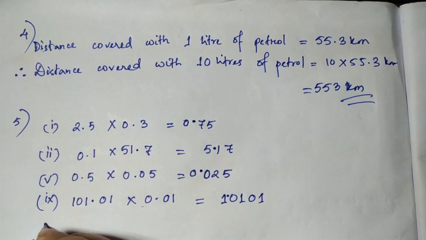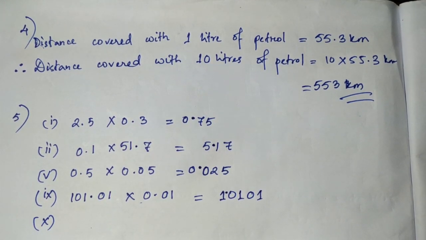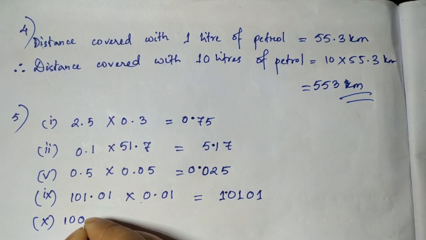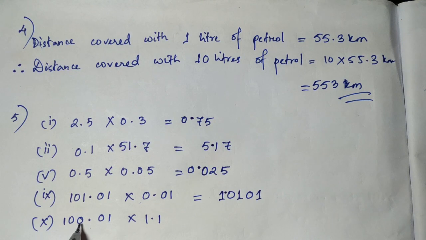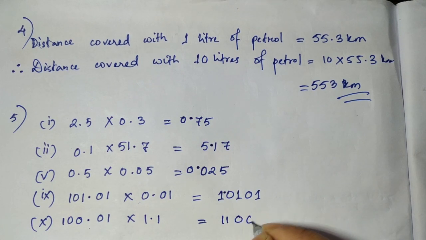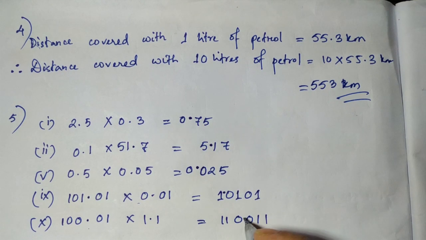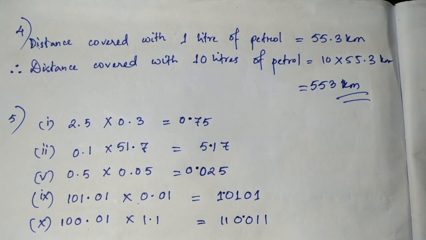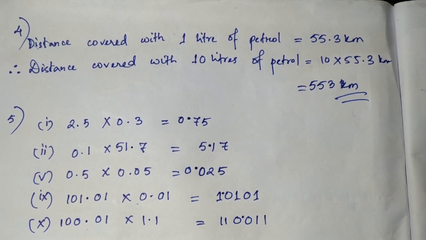Let me show you another one. Question number 10 is 100.01 into 1.1. So it's 10001 into 11 you do. You will get 110011. Now decimal 3. So 1 2 3. So here. Okay, so this is how you multiply decimal numbers.